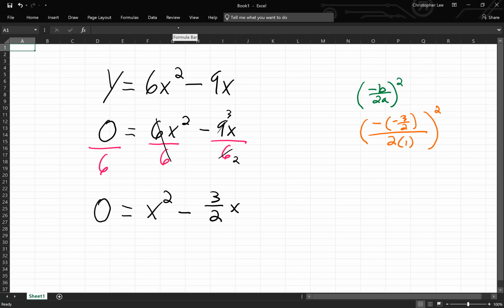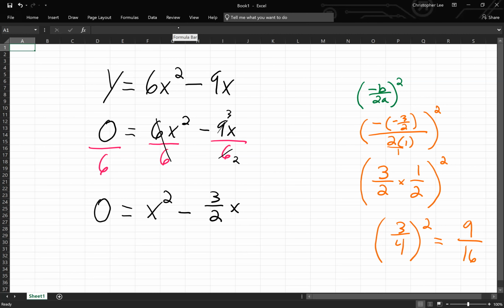A negative times a negative we know is a positive, and then, keep change flip. So this is going to be positive 3 over 2 times 1 over 2 squared. Multiply straight across. We have 3 over 4 squared, and when you do the math on that, that's 9 over 16.